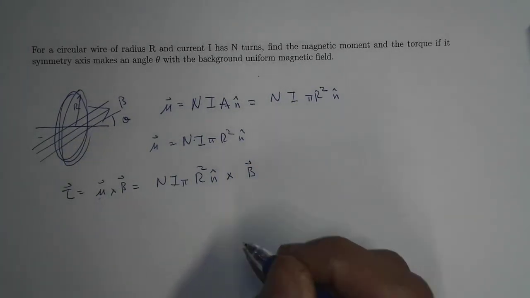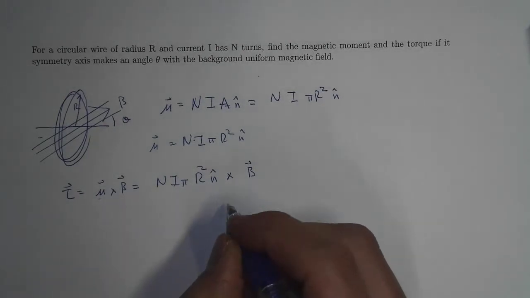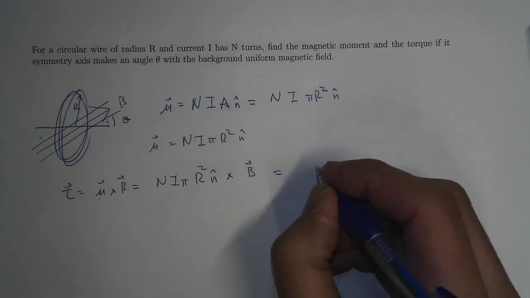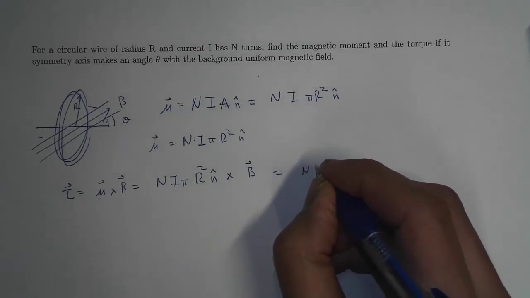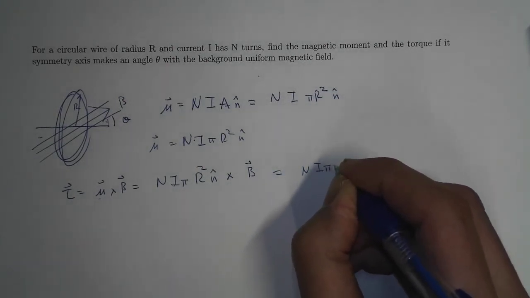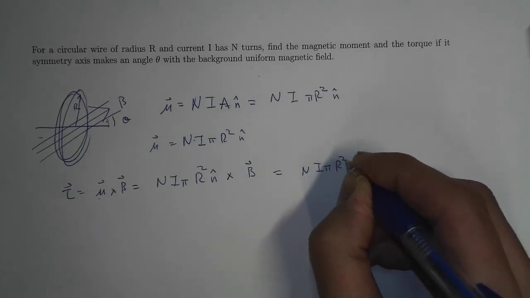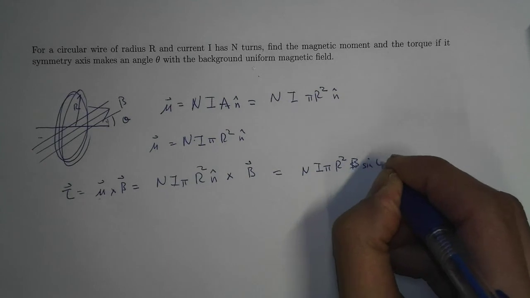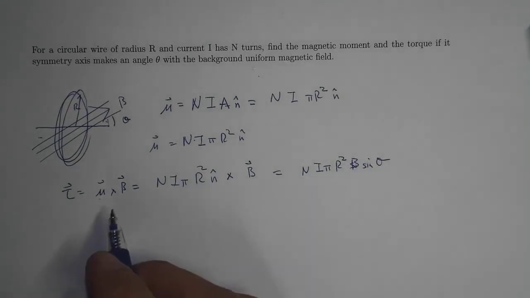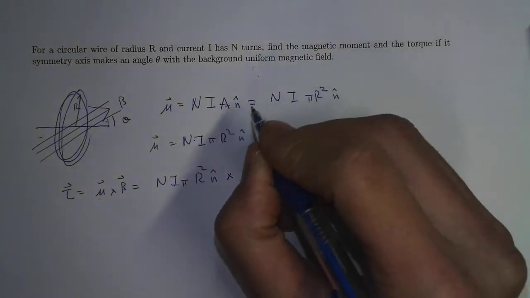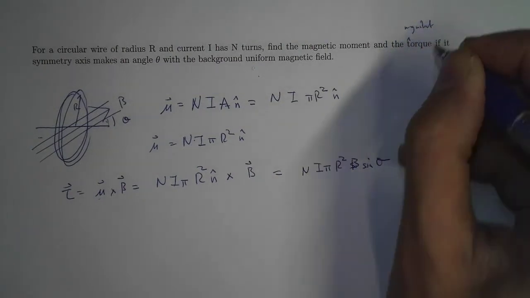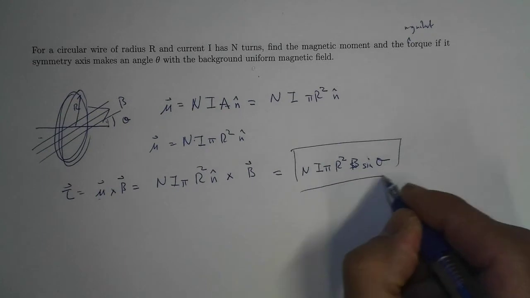There are two ways of doing this, but the easiest way is to recognize that for angle theta, this is just simply going to be equal to n I pi r squared B sine of theta. Right, that's the magnitude of the torque. In any case, hope that was helpful.